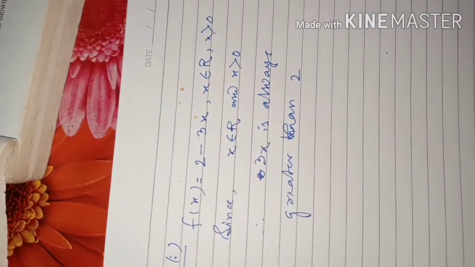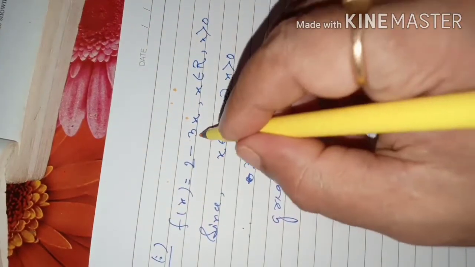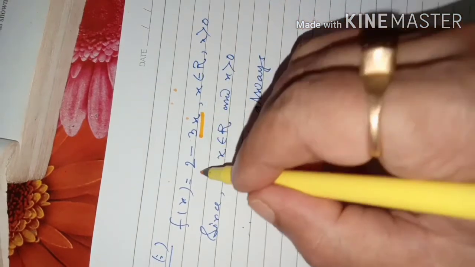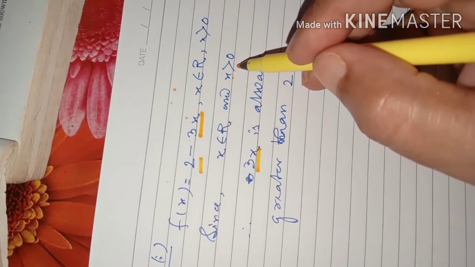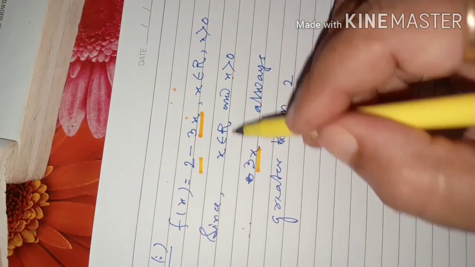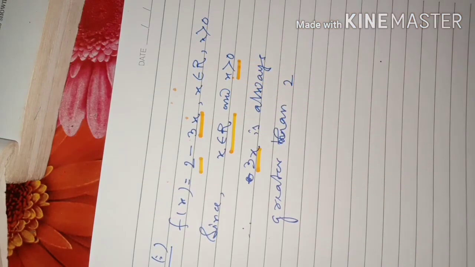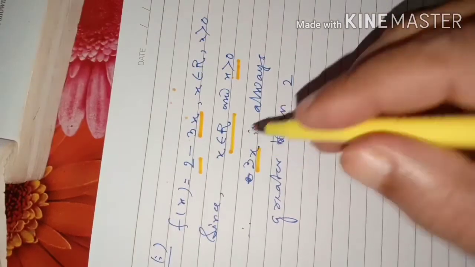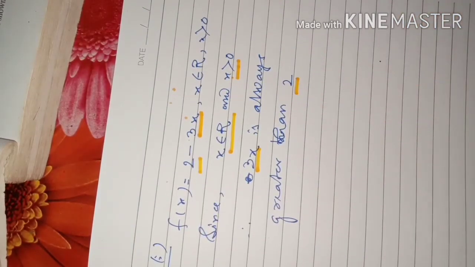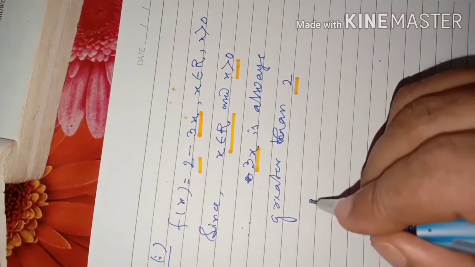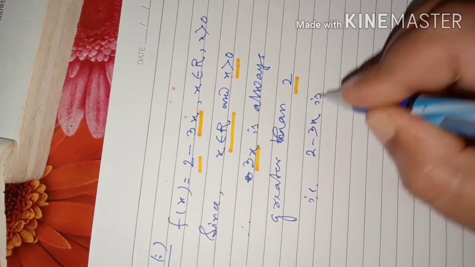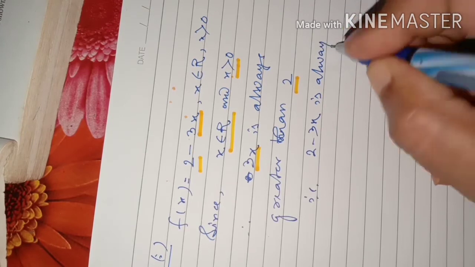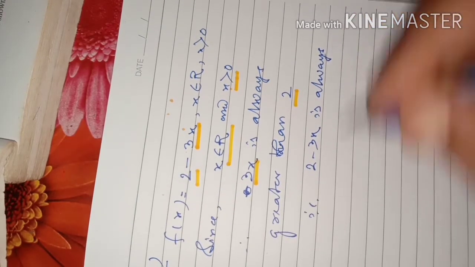This 3x represents a number which will be greater than 2, because x is greater than 0 and x belongs to R. So then 2 minus 3x is always negative.